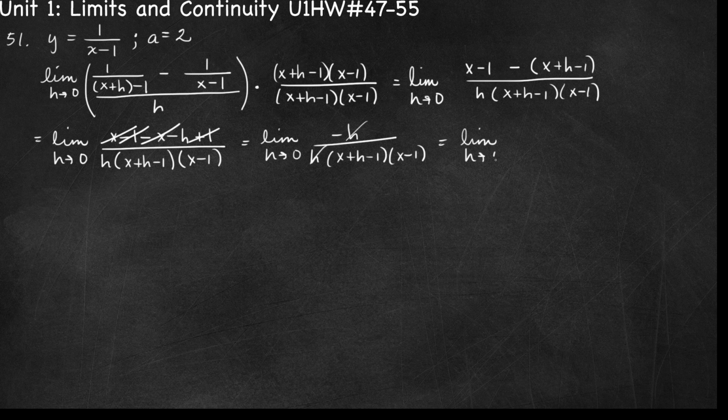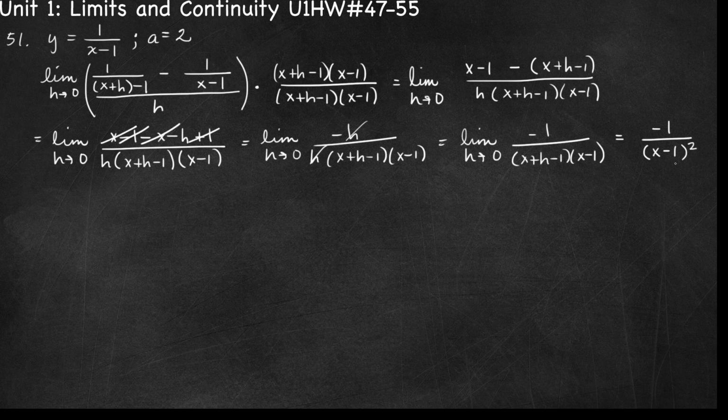And I have a limit as h approaches 0 of negative 1 over x plus h minus 1 times x minus 1. Now I'm ready to find this limit using substitution, so I can drop the limit from my notation. I'm substituting the 0 in for the h, and I get negative 1 over x minus 1 times x minus 1, or x minus 1 squared.